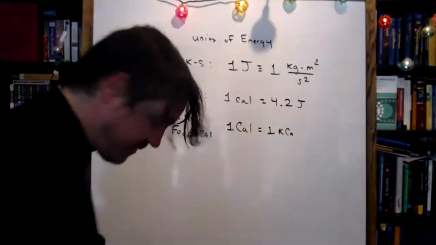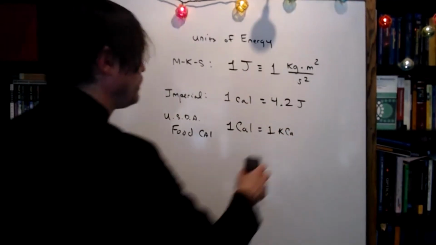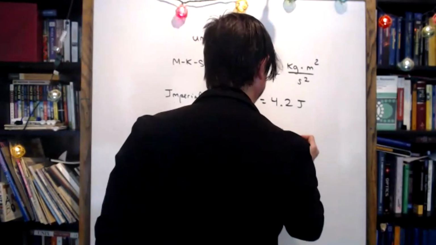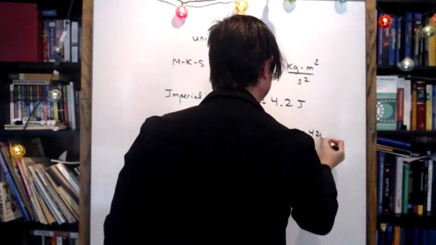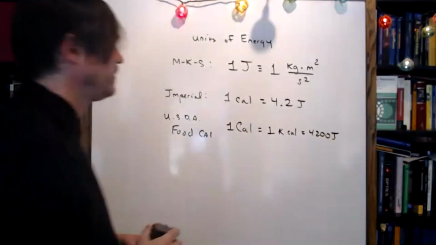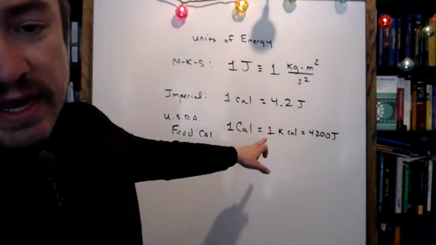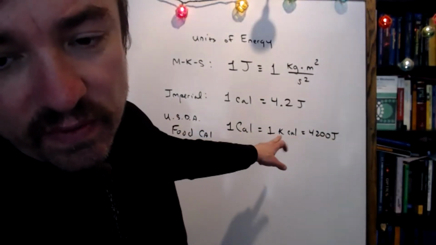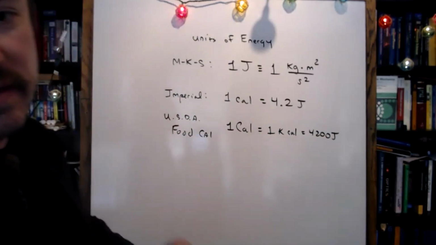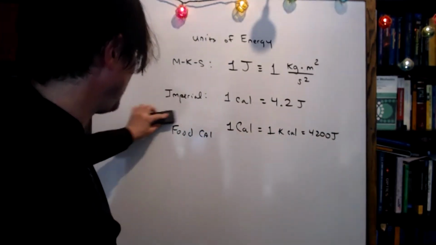Sorry, I have to use a lowercase now. We have to be consistent about this. It is actually a kilocalorie, or 4,200 joules. For some reason, the USDA or whoever decides what food packaging should be labeled as, or maybe it's the FDA, I don't know who does it.